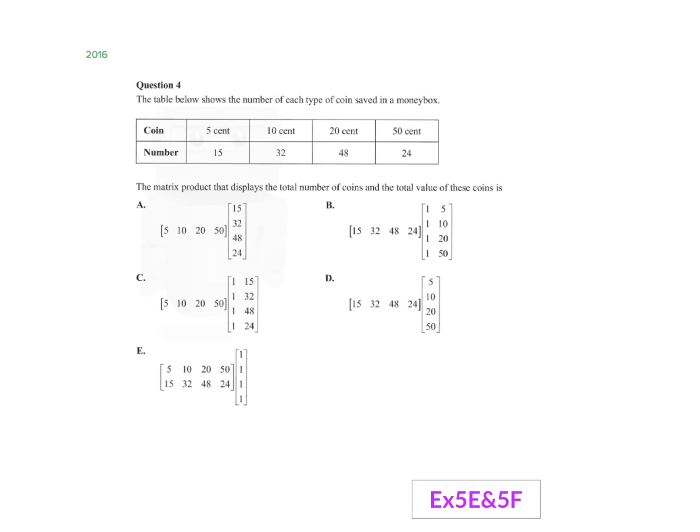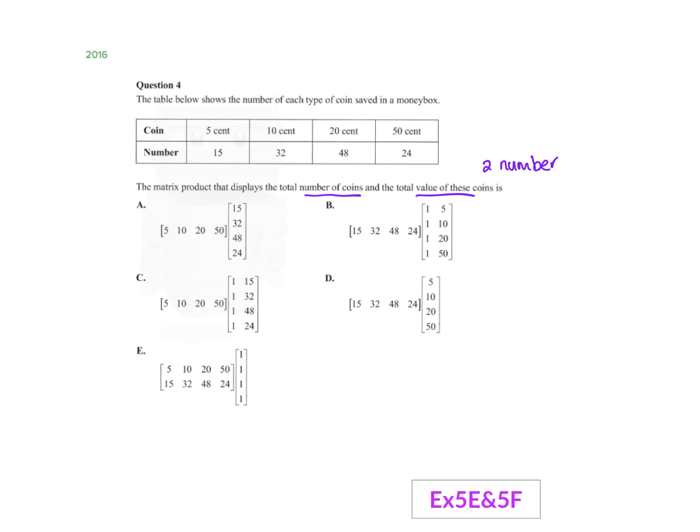All right, question 4. The table below shows the number of each type of coin saved in a money box, okay? The matrix product that displays the total number of coins and the total value of these coins. So if you want the total number of coins and then the total value, isn't that like a 2 number answer?